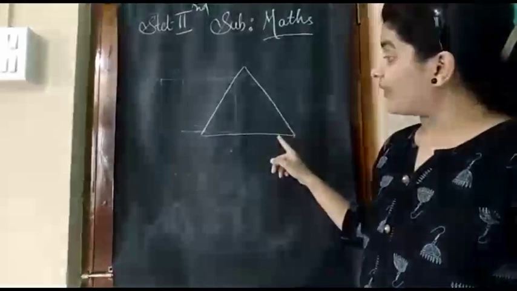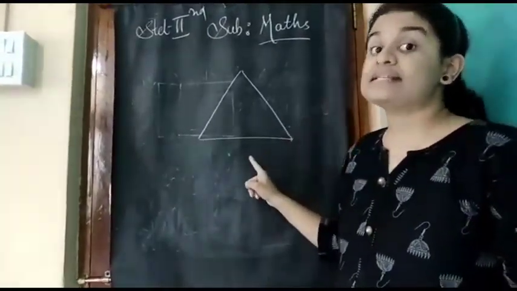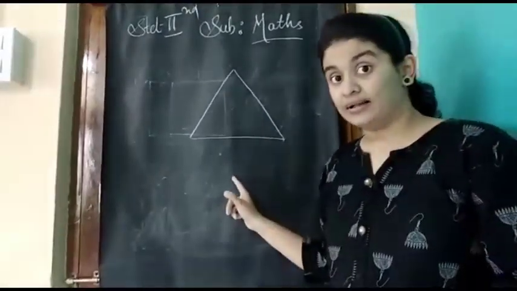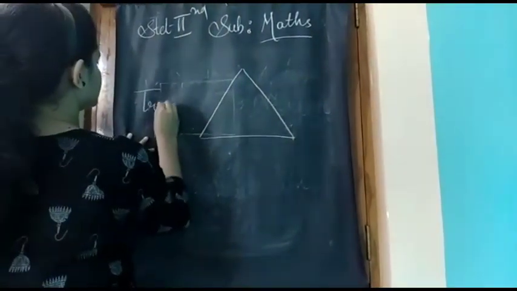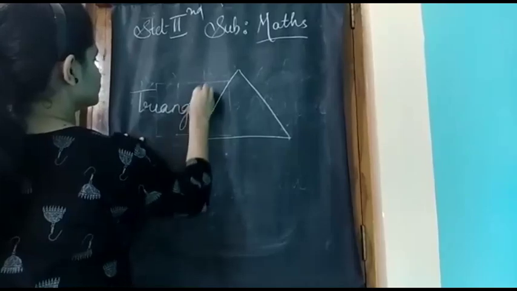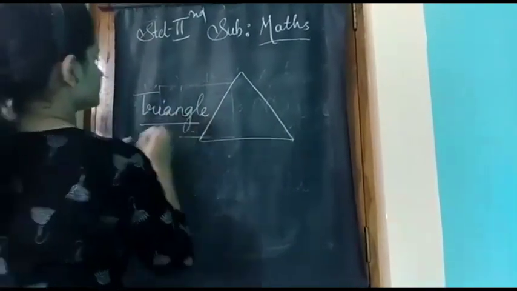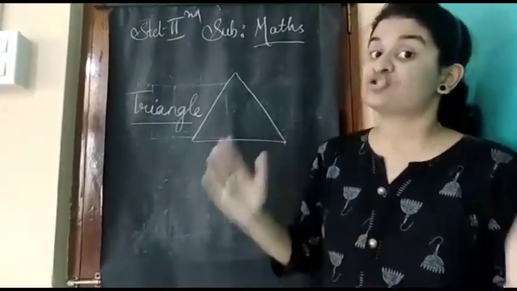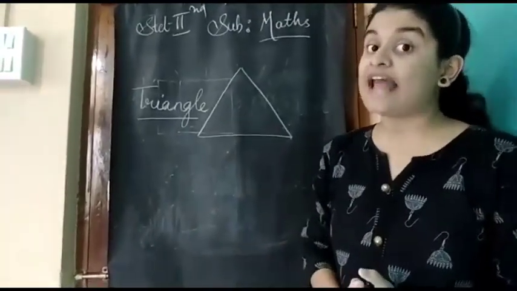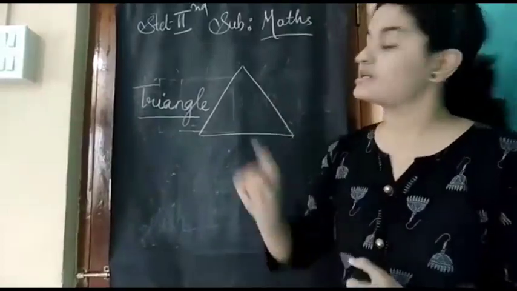Students, the figure that you are seeing on the blackboard is known as triangle. Okay? This figure is known as triangle. A triangle has 3 sides.